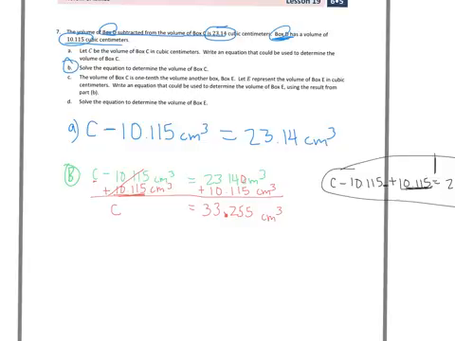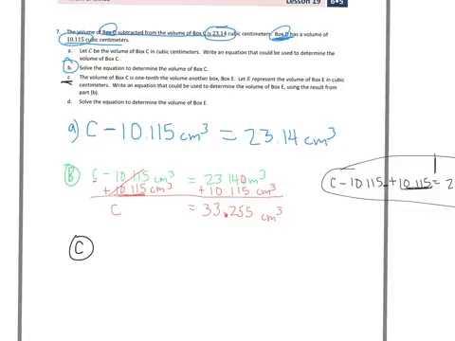But now on to part C, and it says the volume of box C is 1/10 the volume of another box E. Let E represent the volume of box E in cubic centimeters.